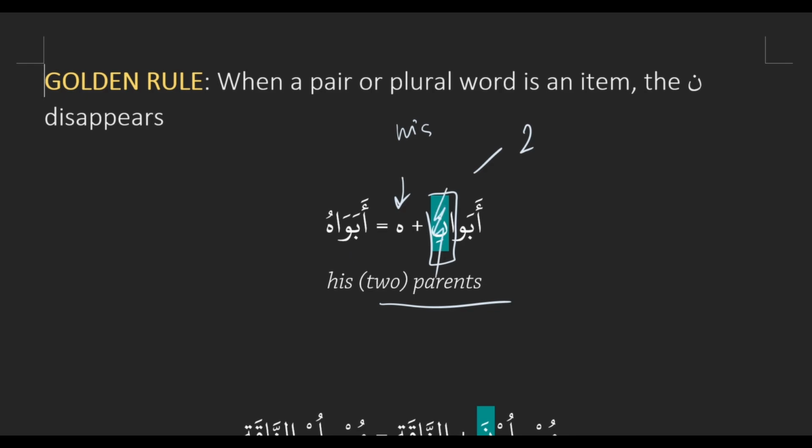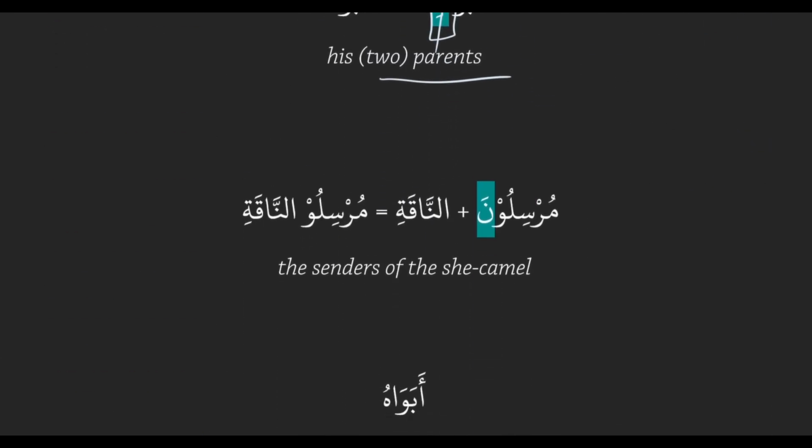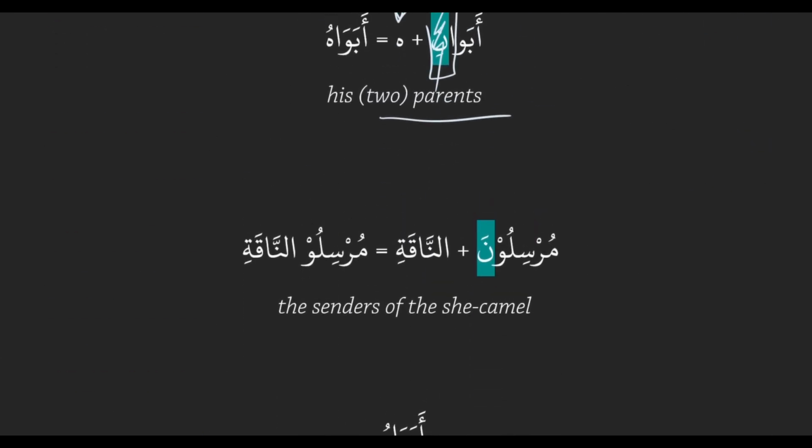The noon is gone. So anytime we have ani, aini, una or ina as an item, the noon will go away. Let's look at another example: mursiluna and naqa. What's the ending for mursiluna?